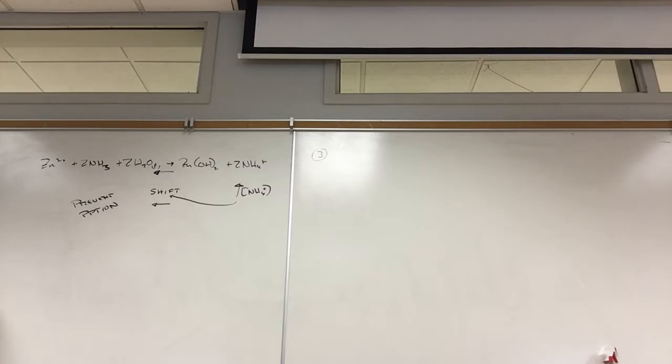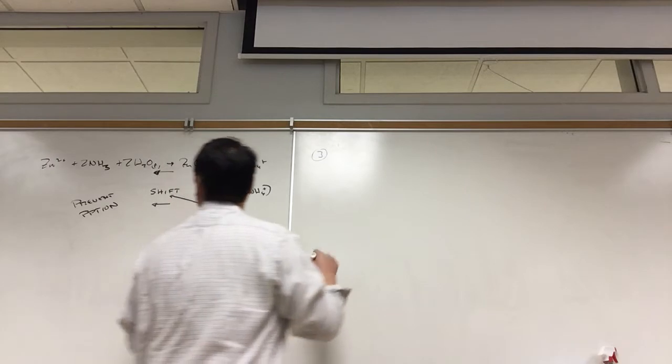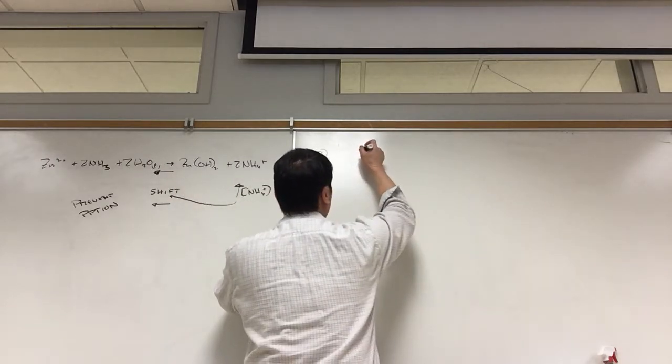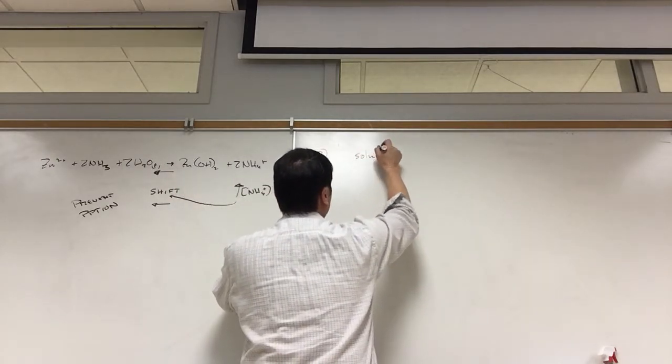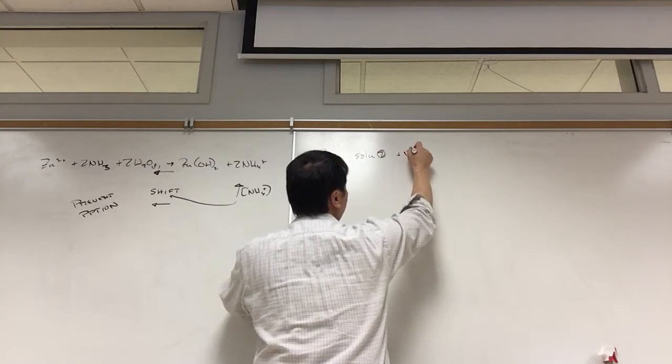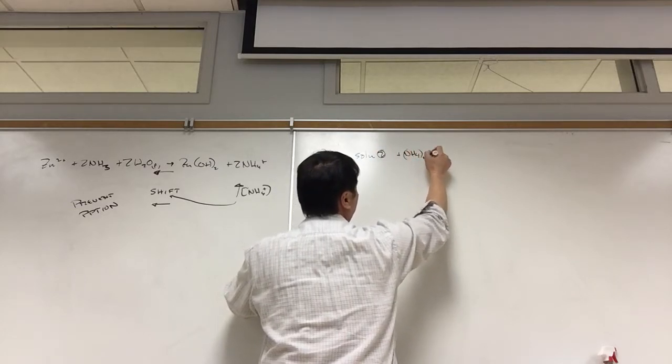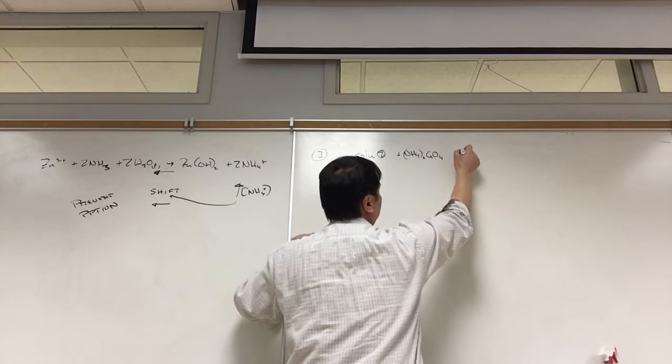Then we add the NaOH to the precipitate over there. But did we add NaOH to this? We skipped the ammonium oxalate. We need the ammonium oxalate here. It's important, otherwise, so solution 2 plus ammonium oxalate yields what?